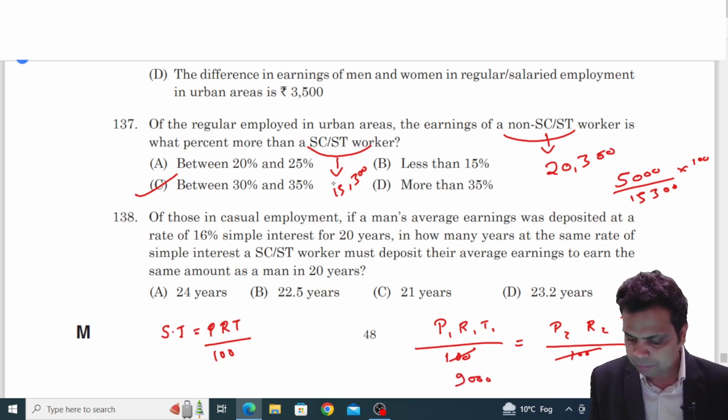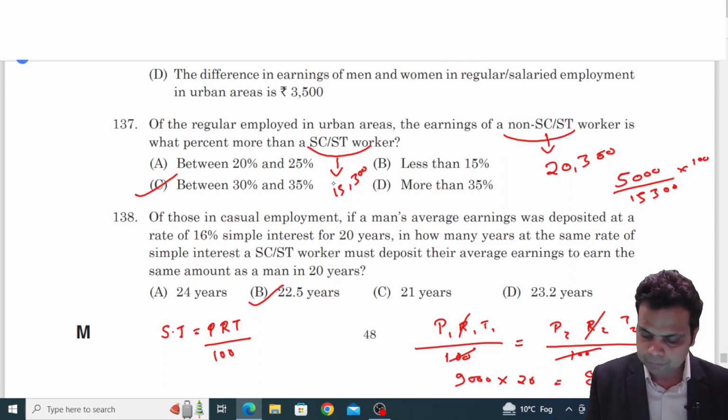The rate is the same, that is 16%, so just remove that rate. 9,000 into time 20 equals 8,000 for the SC/ST worker into T2. We'll get the answer 22.5. But for the answer it is given, option D.